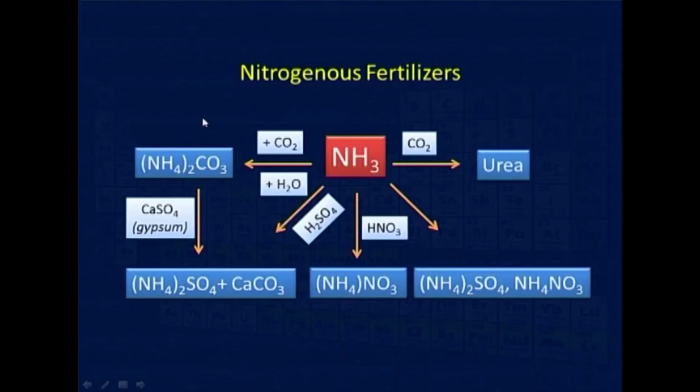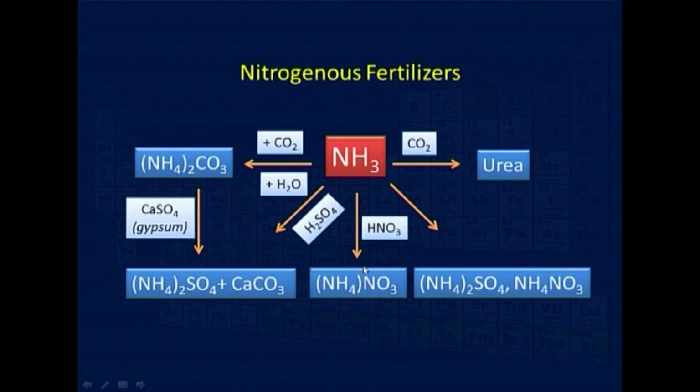So, in short, you can also make similar kinds of graphs or charts to summarize what you understood from the fertilizer work. Here you can see the center of nitrogen fertilizers is ammonia. You react ammonia with H2SO4, you get ammonium sulphate.